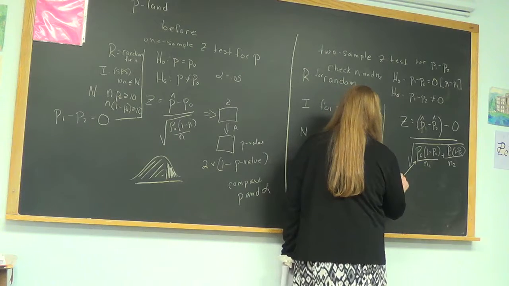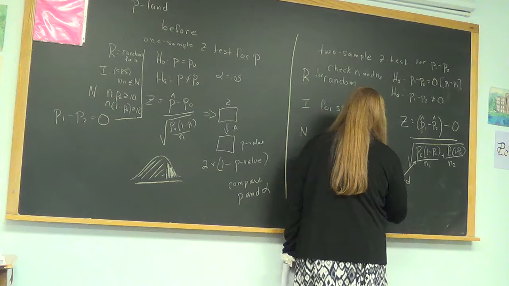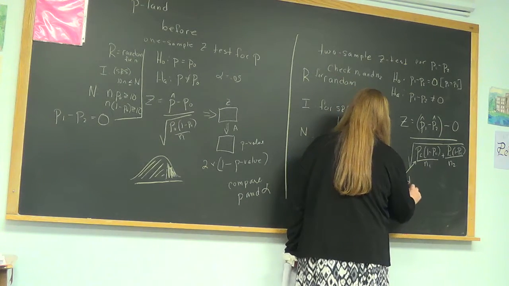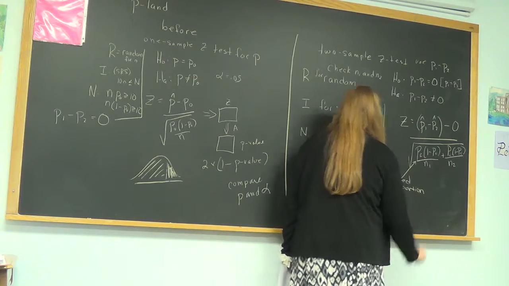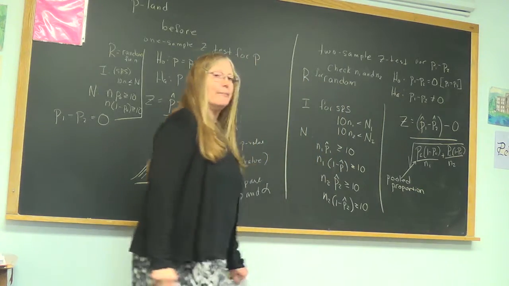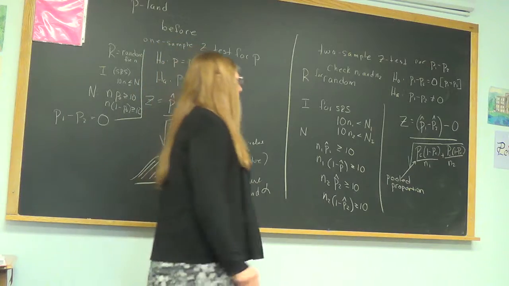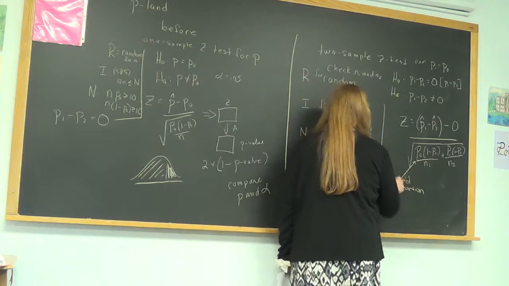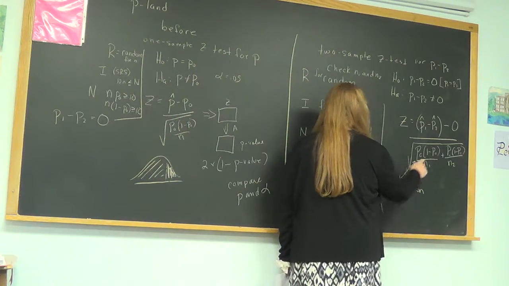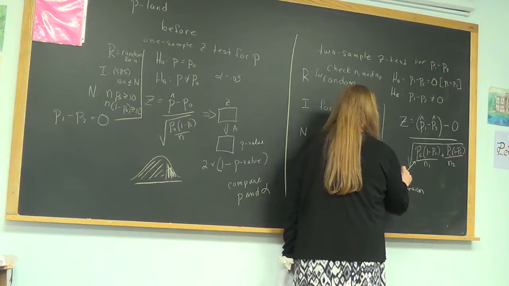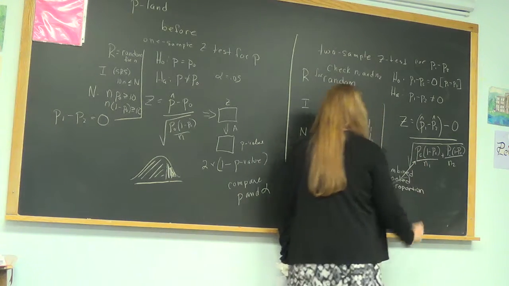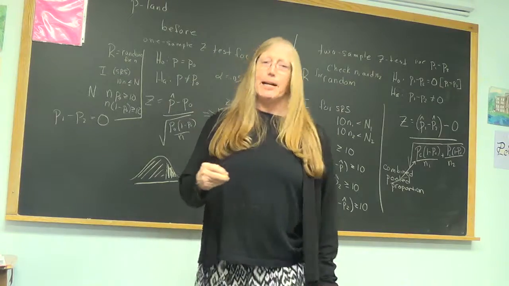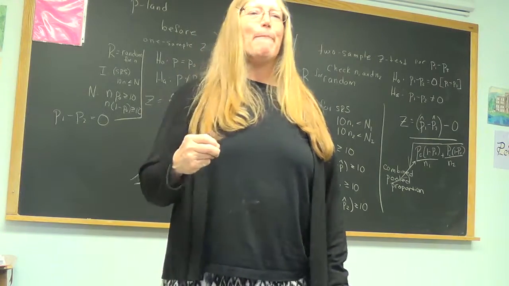Pooled proportion. I call it the combined proportion. I don't know why they call it pooled, and there's a C. So instead of pooled, I think of it as combined, because P sub C makes sense.